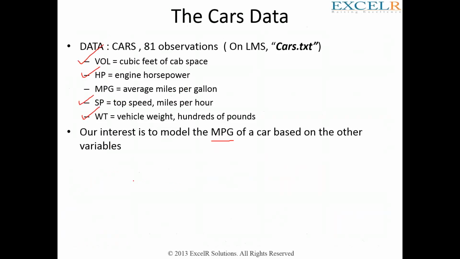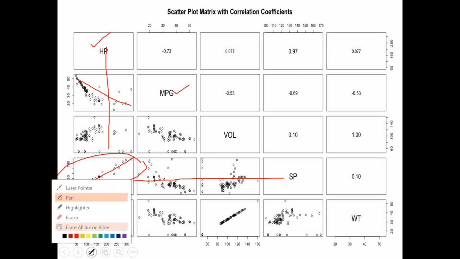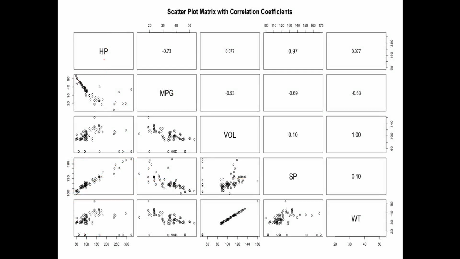By the way, what does SP stand for? Okay, top speed, sorry. Top speed and horsepower, the relationship between these two variables is strong. Also, the relationship between horsepower and miles per gallon is negative. There's a negative correlation and you can see the corresponding negative value also here.